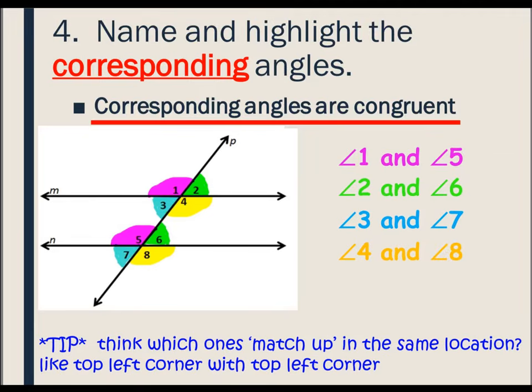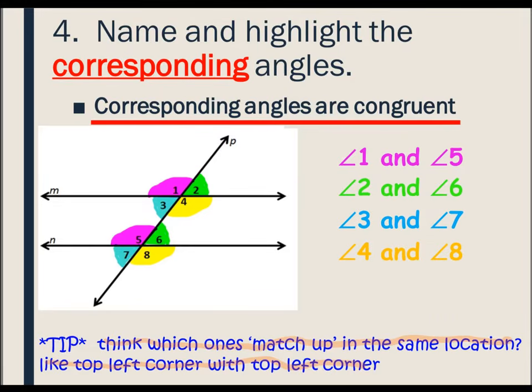All right, the next set of angles that we're going to look at are corresponding angles. And corresponding angles are also congruent, meaning that they have the same measurement. So these angles are the ones in the same location. So as a tip here, I put think which ones match up in the same location. For example, top left corner with top left corner. So if I look at angle 1, that's on the left side at the top, and angle 5 is on the left side at the top.